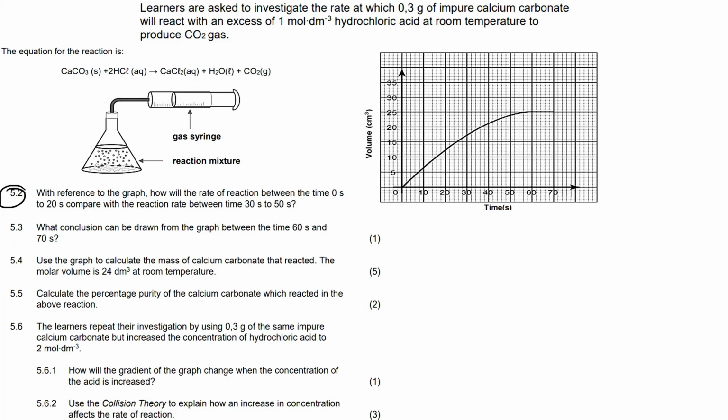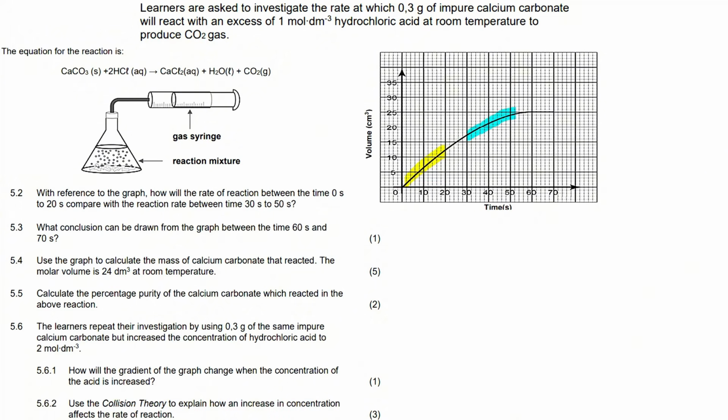This question says, with reference to the graph, how will the rate of the reaction between time 0 and 20 compare with the rate from 30 to 50? Okay, so from 0 to 20, that's here. And then from 30 to 50, well, that's here. So what we can notice is that the gradient of the line in the beginning is a little bit steeper than the gradient at 30 to 50.